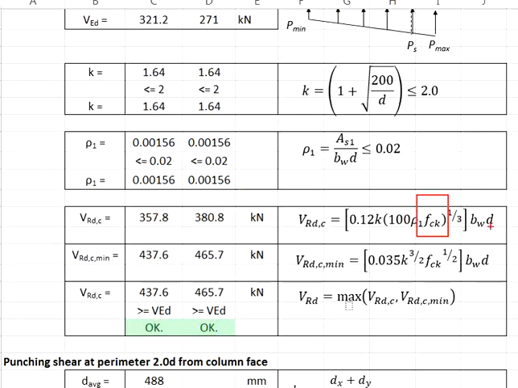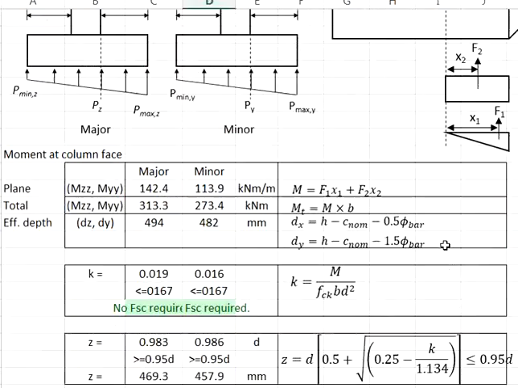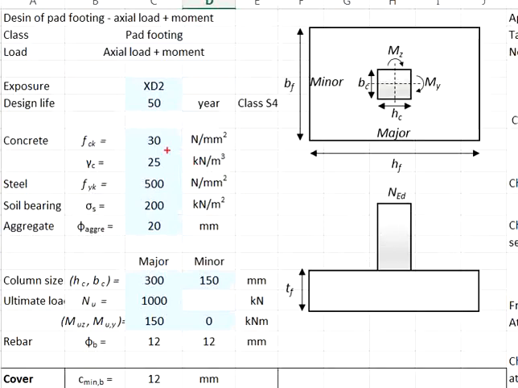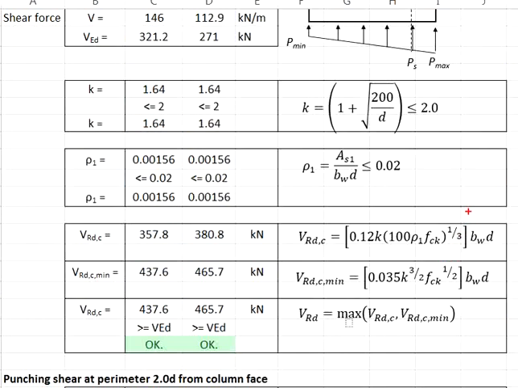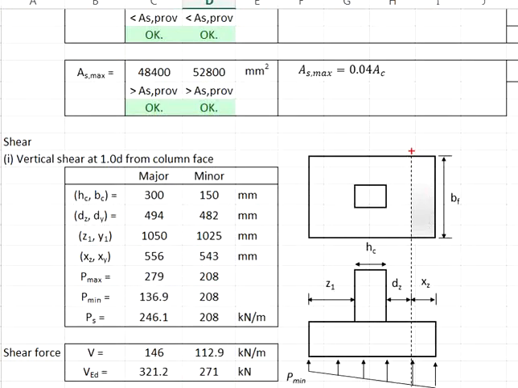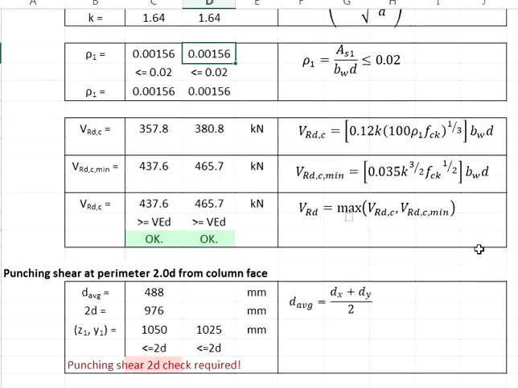Use the fck, which in this case is equal to 30 Newton per mm square, and then the bd. For the major axis, your bd will be this plane. For the minor axis, your bd will be this plane. You will need to use the right b and right d to compute the numbers.